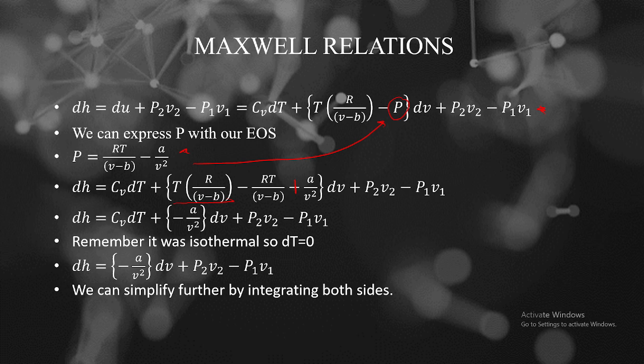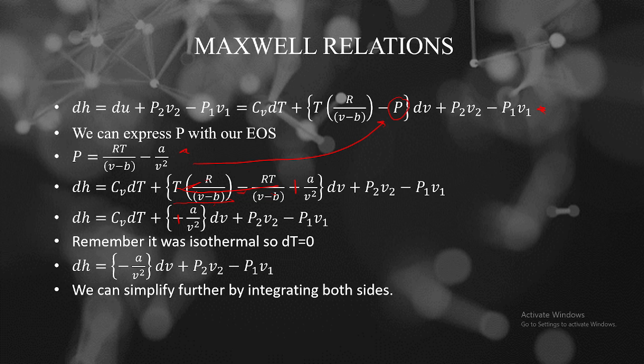If I do this, realize that now I'm going to have RT over V minus B minus RT over V minus B. These two terms cancel each other so that I just end up with CV dT plus A over V squared dV. So that's what my expression is going to be.